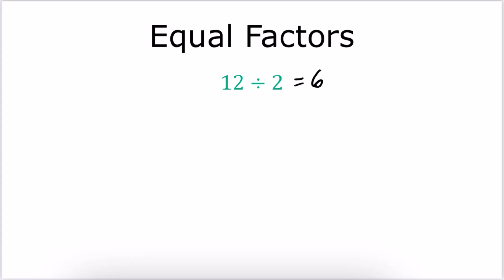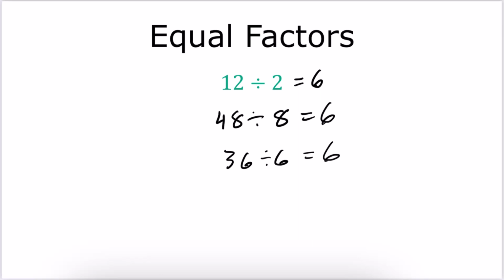So for example, I could multiply by 4 and get 48 divided by 8, but 48 divided by 8 still equals 6. Or I could multiply by 3 and I get 36 divided by 6 because 12 times 3 is 36 and 2 times 3 is 6. But when you divide, you still get the same answer of 6.